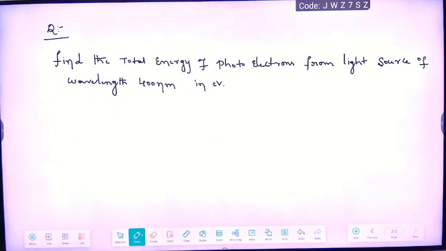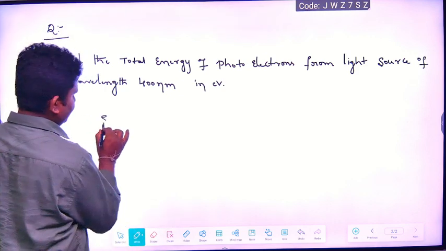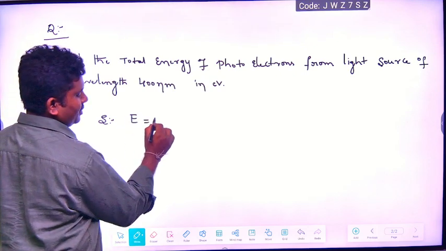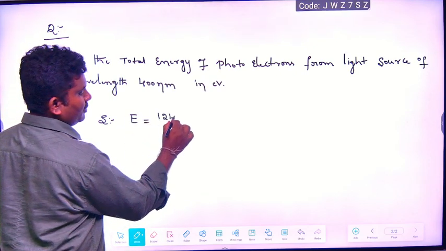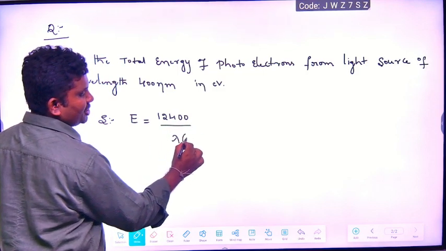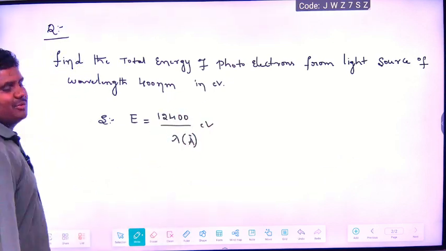Find it fast. What is the answer? Solution: energy is equals to how much? 12400 divided by lambda in angstrom, electron volts. This formula you use directly.